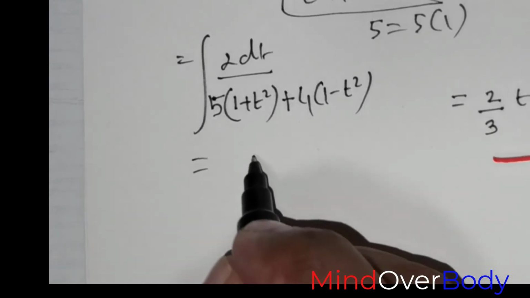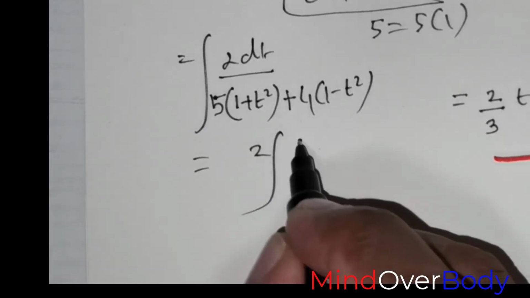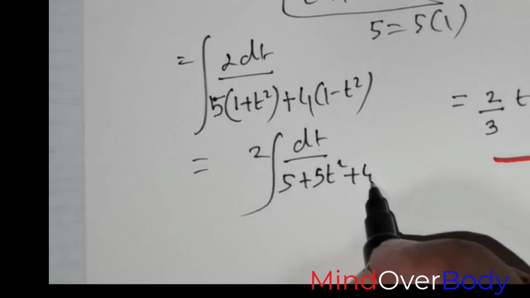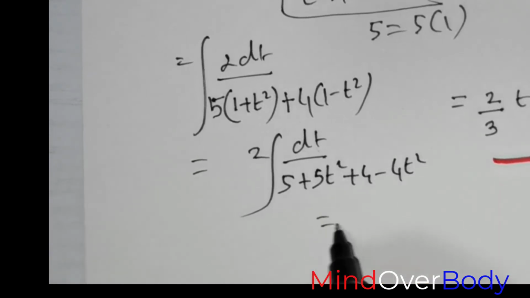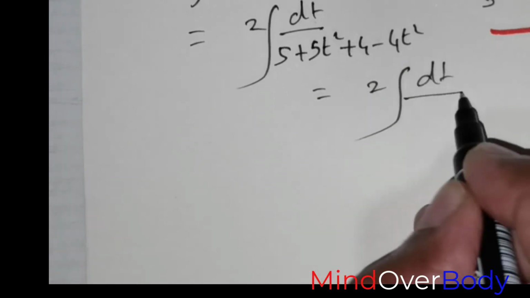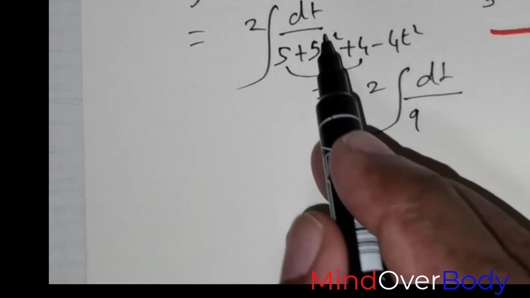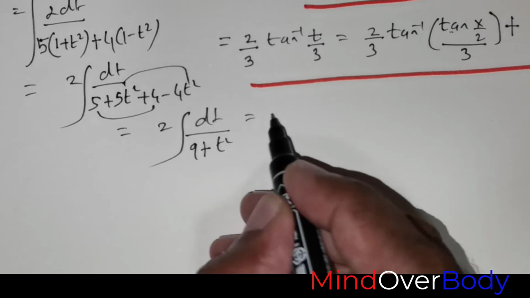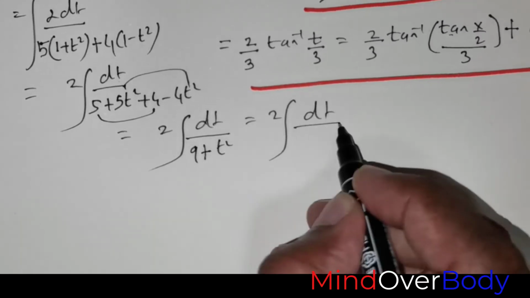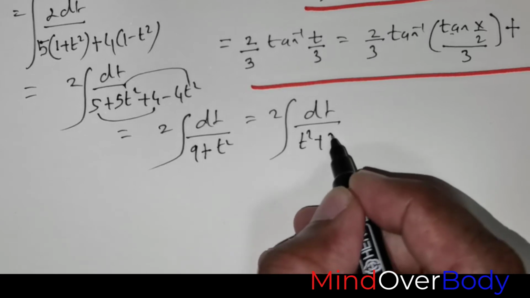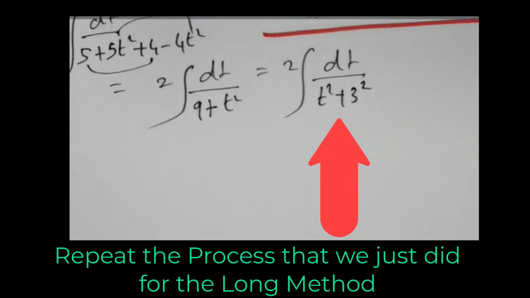So if you simplify this, this is going to give me 2 times integral dt over 5 plus 5 times t squared plus 4 minus 4 times t squared. This is equal to 2 times integral dt over 5 plus 4 is 9, 5t squared minus 4t squared will give me positive t squared. This is nothing but 2 times integral dt over, now I can rewrite this as t squared plus 3 squared. This is exactly what we have got, and this is nothing but a shortcut.